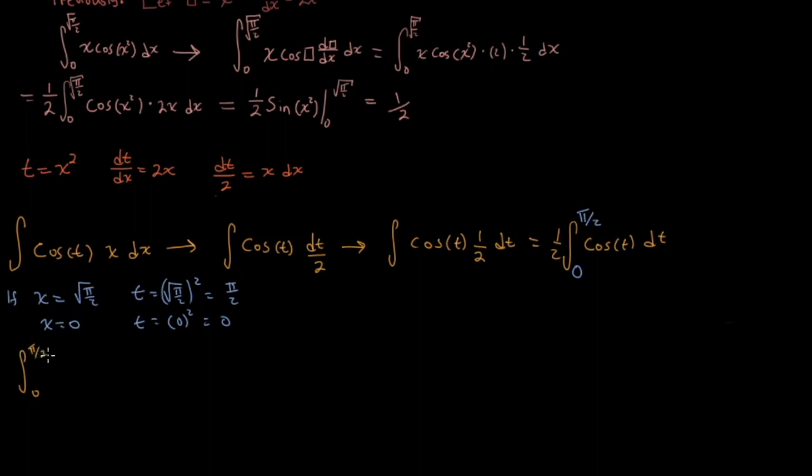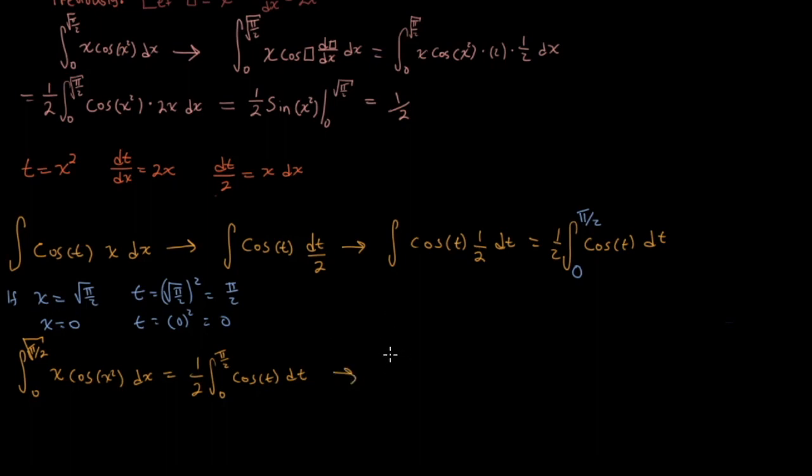or actually, write it this way. The integral from 0 to pi on root 2 of x cos x squared dx is equal to 1 over 2 times the integral from 0 to pi on 2 of cos t dt, which will give us this expression right here.